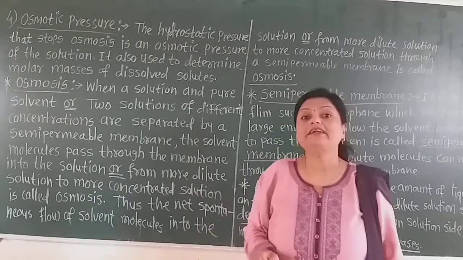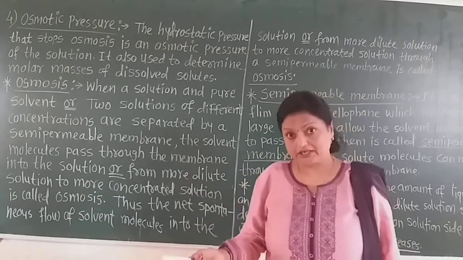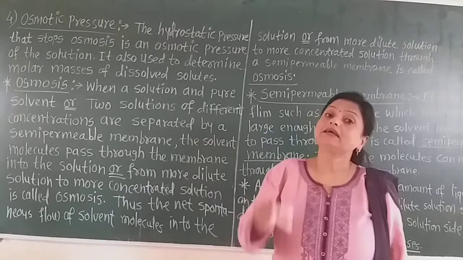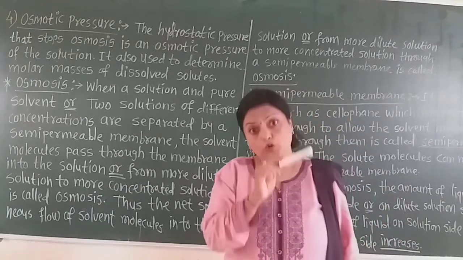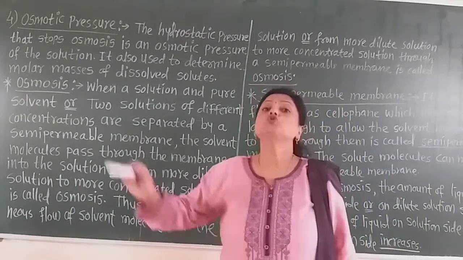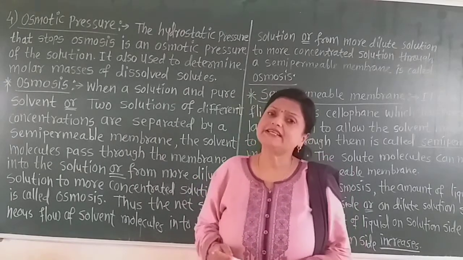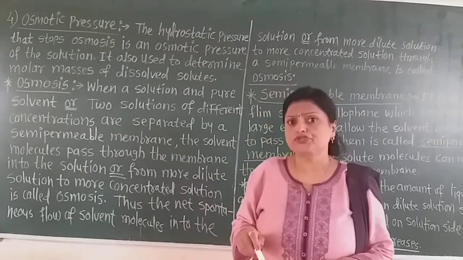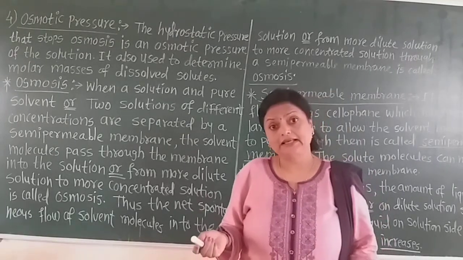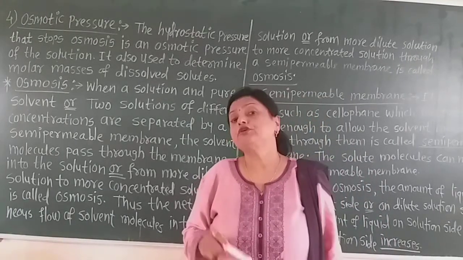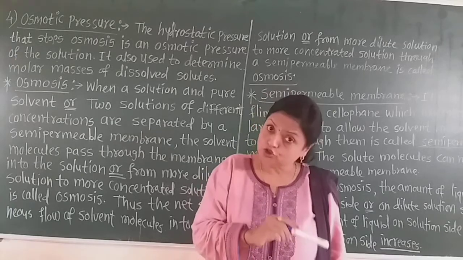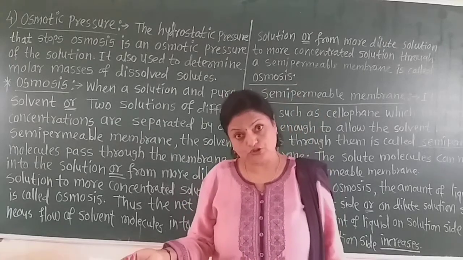If we separate the solvent and solution by a semi-permeable membrane, then the solvent molecules flow from solvent to solution through the semi-permeable membrane. Or if we separate two solutions having different concentrations, still the solvent molecules flow from dilute solution to more concentrated solution.